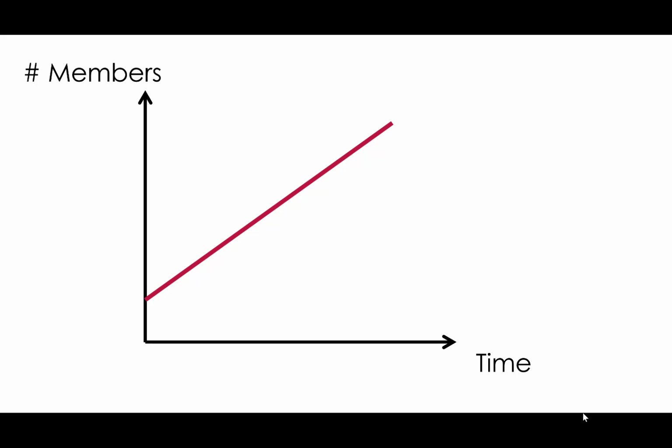I could also look at it on a graph, where I put time on the horizontal axis and the number of members on the vertical axis. I'm starting with 500, and each and every month I have more, so that by July, I would have 800 members.